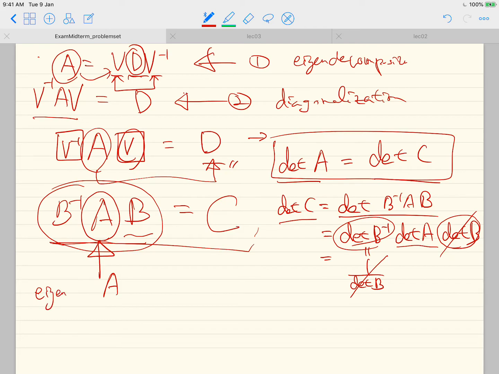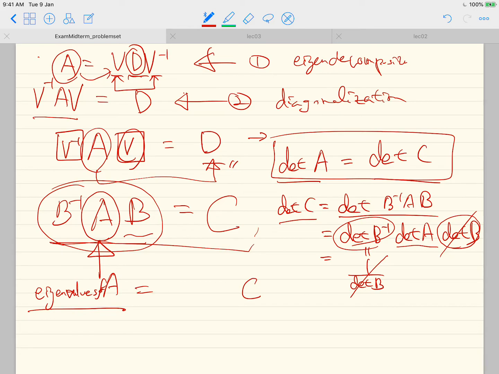In this similarity transformation, the eigenvalues of A are the same as the eigenvalues of C. So there is another interesting characteristic of this similarity transformation: it preserves the eigenvalues of an input matrix.